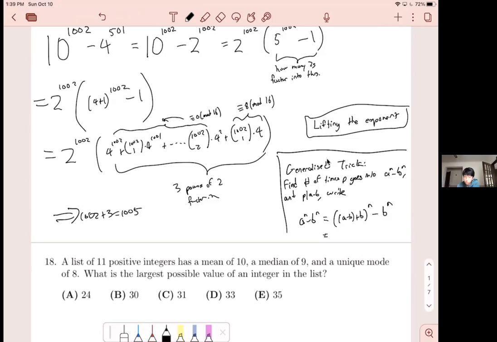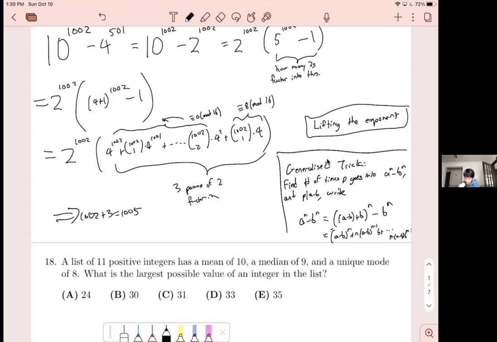And then you'll have (A minus B)^n plus n times, all the way down to n times (A minus B) times B^(n minus 1).